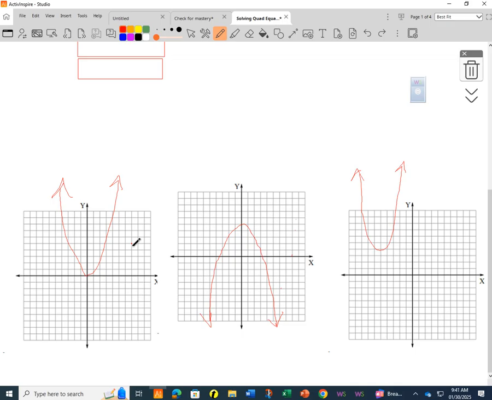Anybody else see a reason why that might be true? Why might the first parabola represent one solution, the second two, and the third none? Kara?